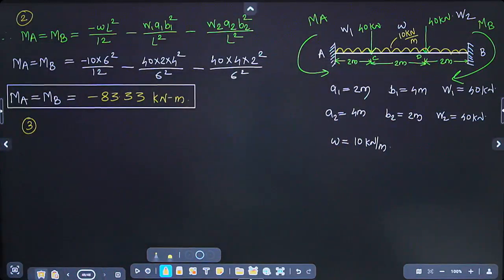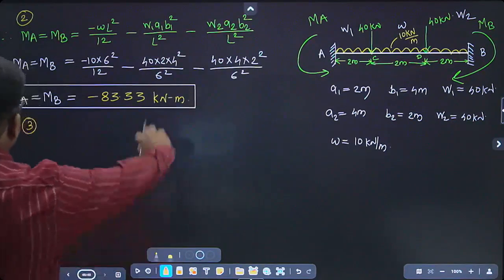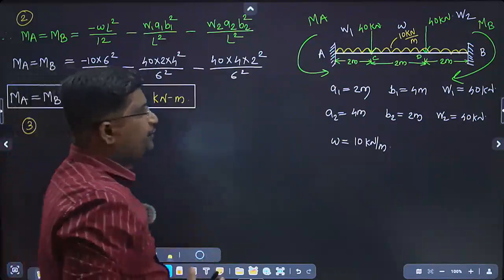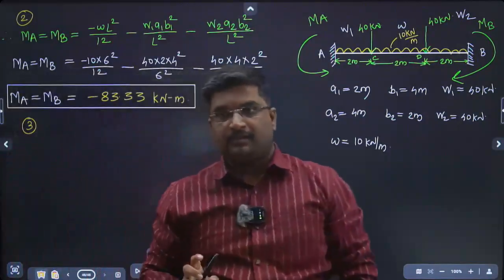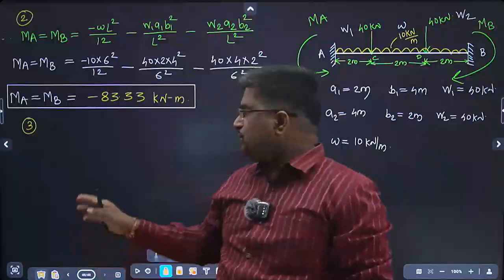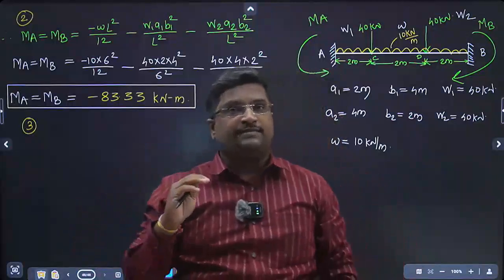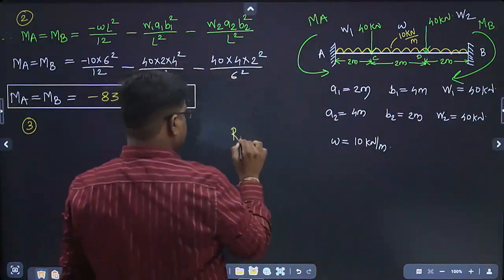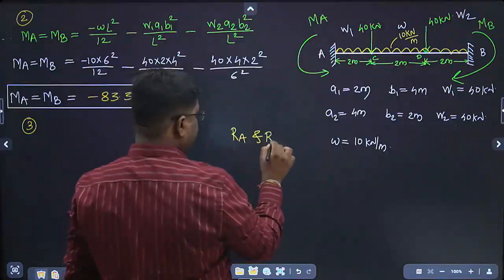Minus 83.33 kilonewton meter. This is the correct answer. Good. Okay. Now what is our next step? Next step is to calculate the support reactions of fixed beam. Fixed beam support reactions means what? RA and RB.